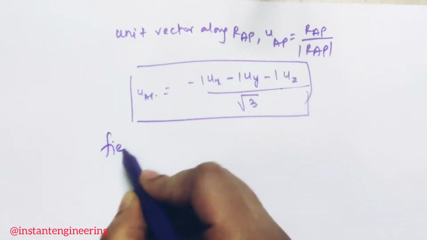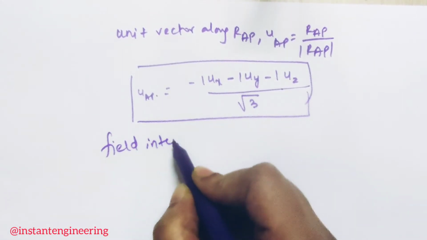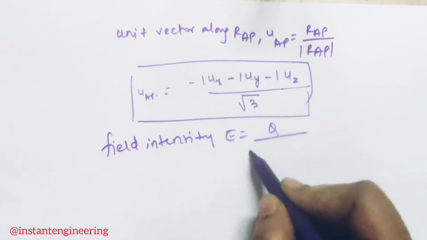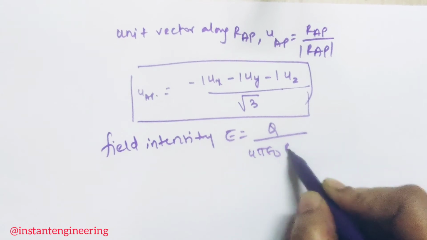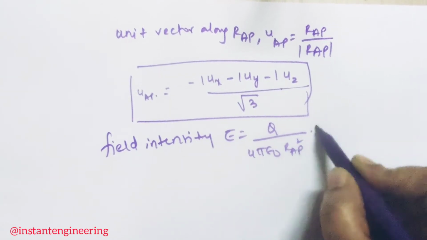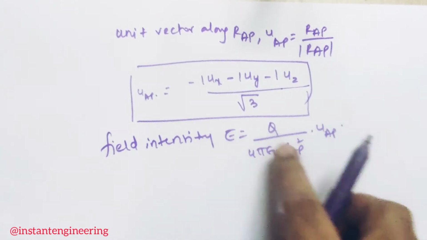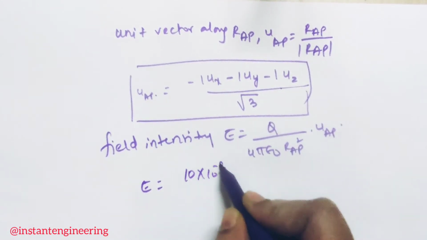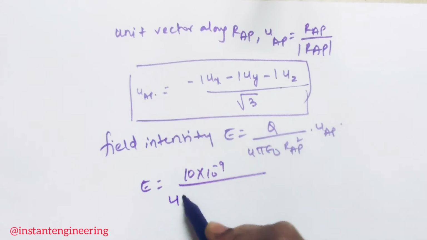Now we'll find the field intensity. That is E is Q by 4 pi epsilon naught RAP square, because we are taking the AP point, times UAP. So Q, he gave 10 into 10 power minus 9, divided by 4 pi epsilon naught value.